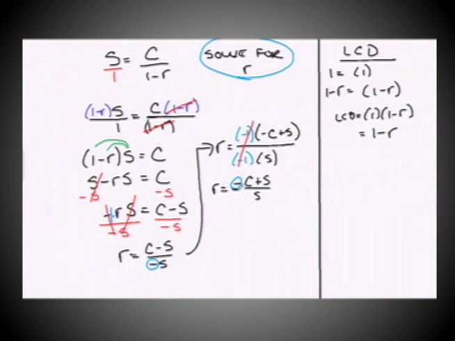By the way, that's just on the C. That's not on the entire expression there. So I'm just going to flip-flop those two terms to make sure you travel the signs. So I end up with S minus C over S. So that is my rearranged formula solving for the variable R.